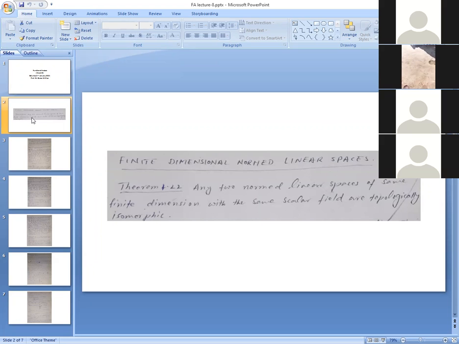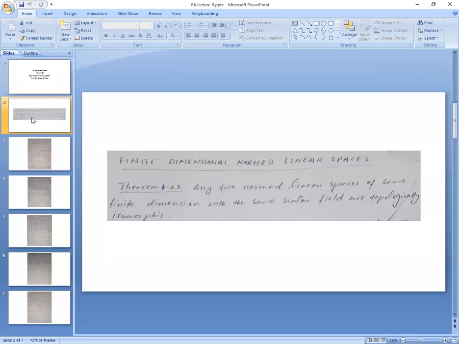So when we say these two spaces are topologically isomorphic, by definition, this means there exists a topological isomorphism from X onto Y. In other words, there exists a homeomorphism, or these two topological spaces are homeomorphic.